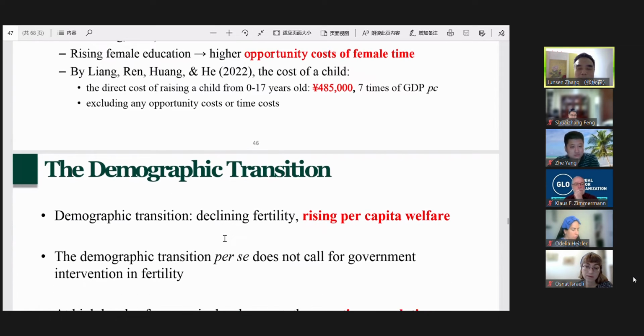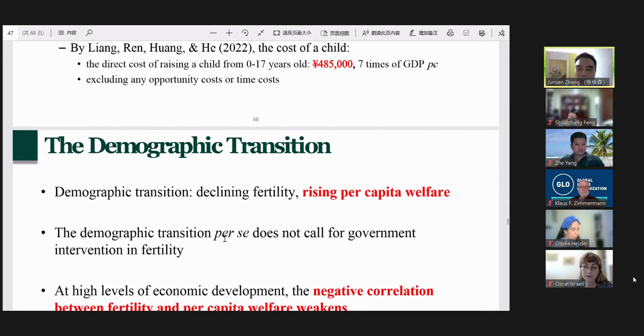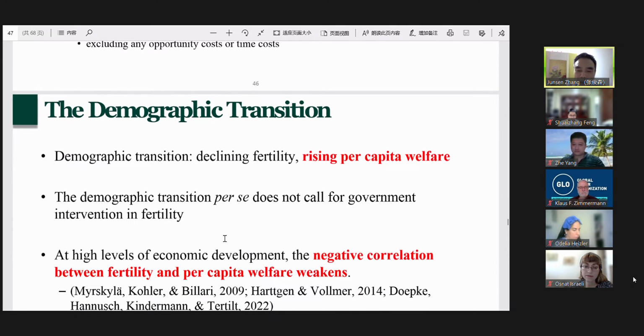So the demographic transition means declining fertility and rising per capita welfare. This demographic transition per se does not call for government intervention in fertility. Intervention needs other issues.